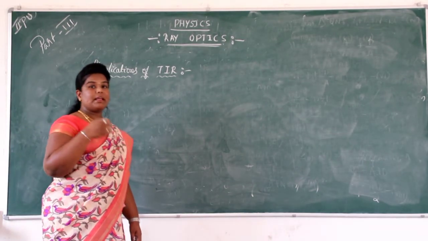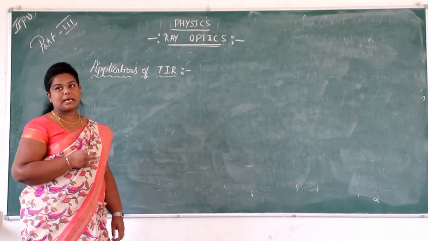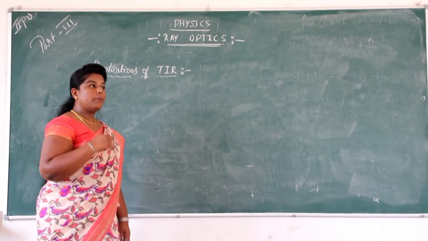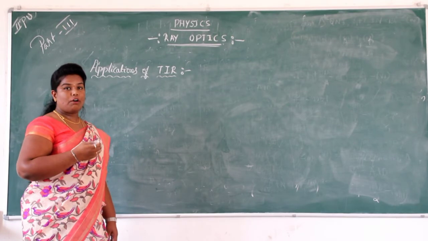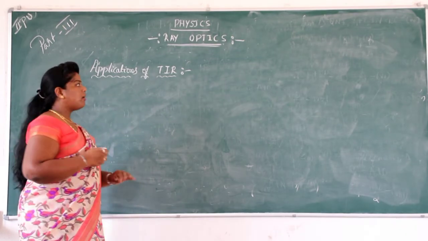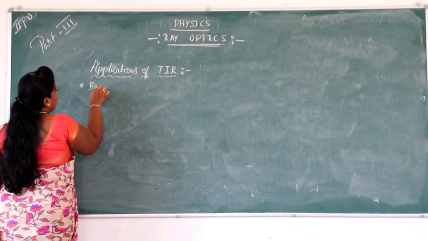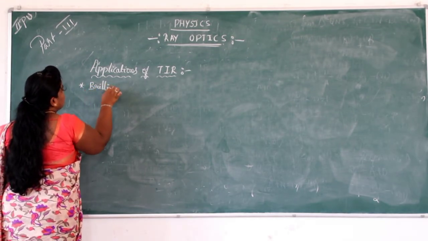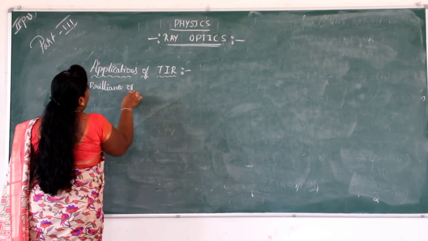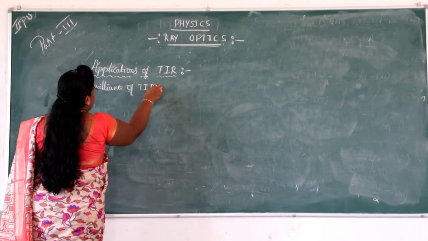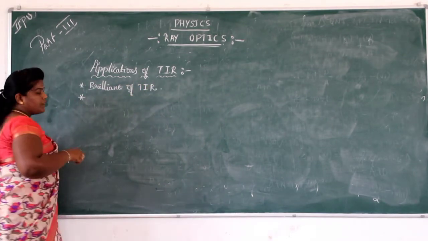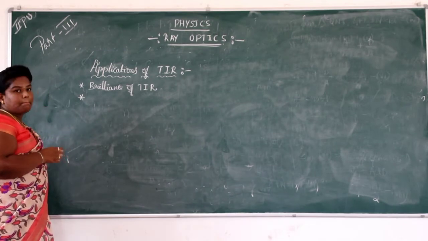Mirage is one of the best natural examples. Not only the mirage, when you come towards the discussion of the sparkling or the brilliance of a diamond, the brilliance of a diamond is also one of the applications of total internal reflection. It becomes a very good example.